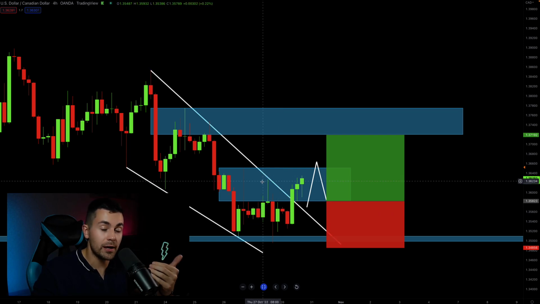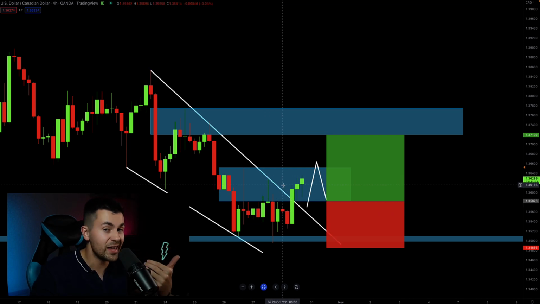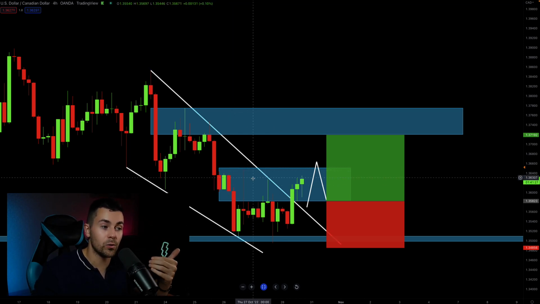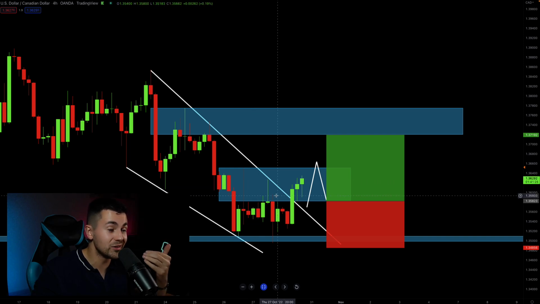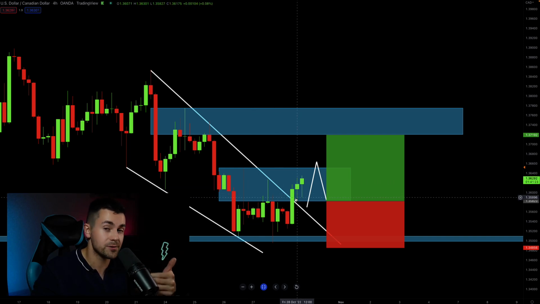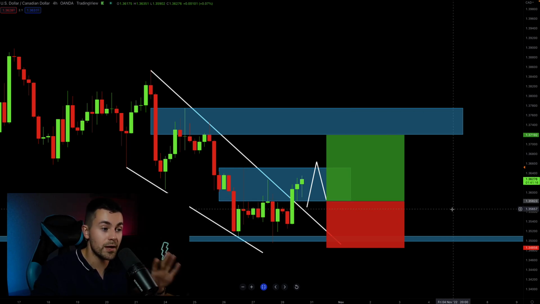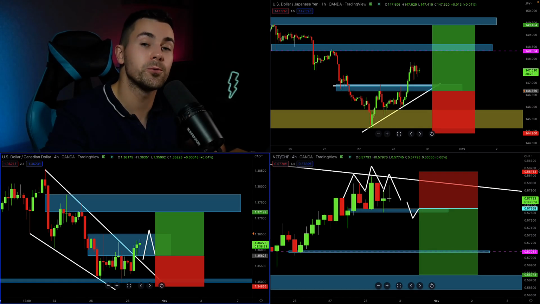So instead I was looking for some extra layer of protection. And breakout of the closest horizontal structure as the extra confirmation appeared to be a very, very efficient solution. Yes, so that is how we trade the wedge pattern. So that is how we trade the price action patterns.